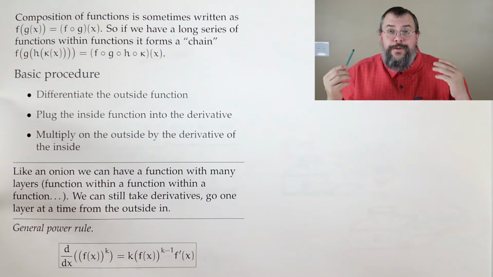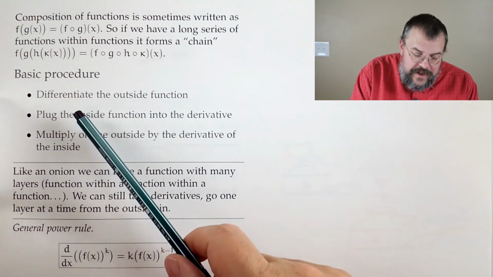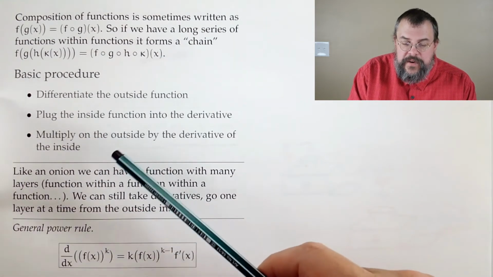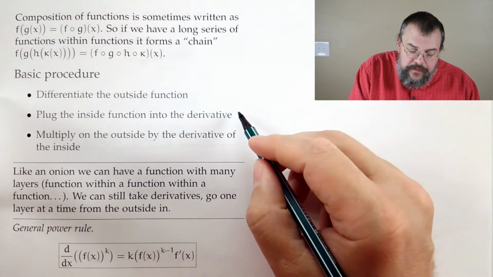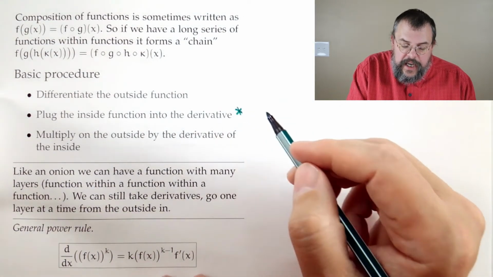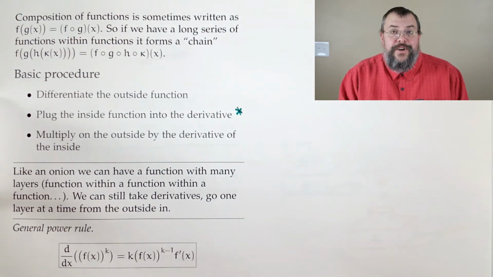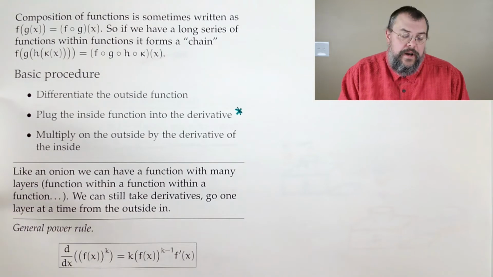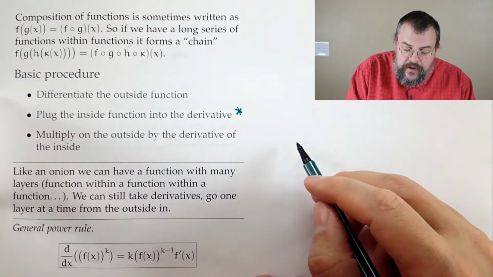Okay, so what's our procedure? Well, we differentiate the outside function, plug the inside function into that derivative, and I think this is the part where if people struggle with the chain rule, it might be they forget, oh, right, I need to leave the inside alone. That needs to stay the way it was. And then multiply the outside by the derivative of the inside, right? So what does this say?